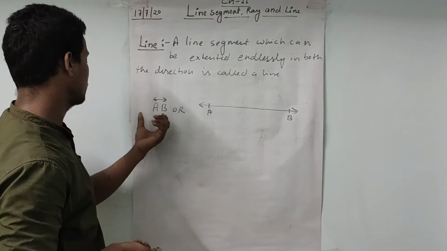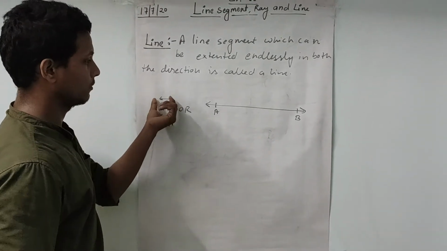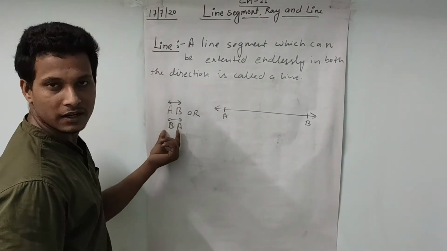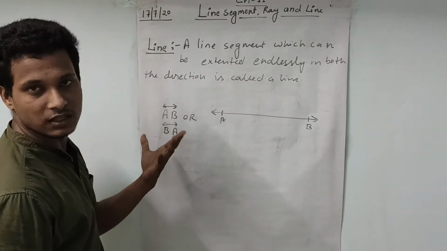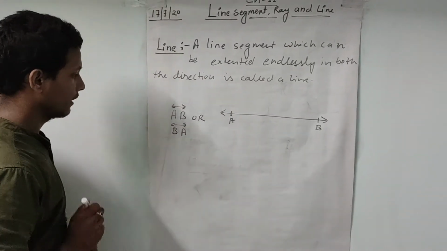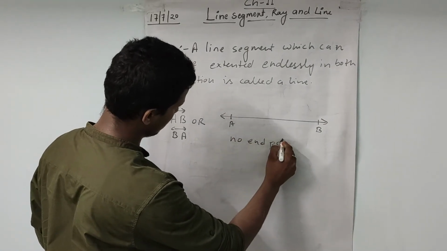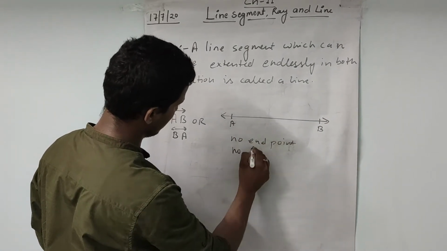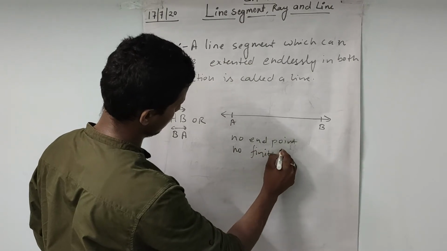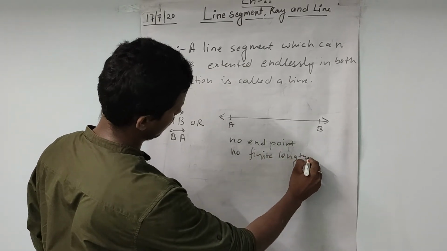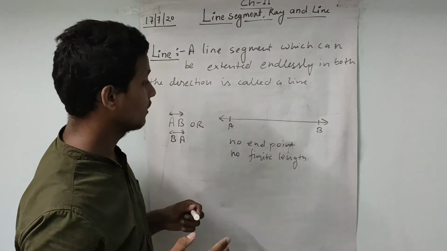Either you write AB bar with a double arrow, or BA bar with a double arrow. It has no end point and no finite length.